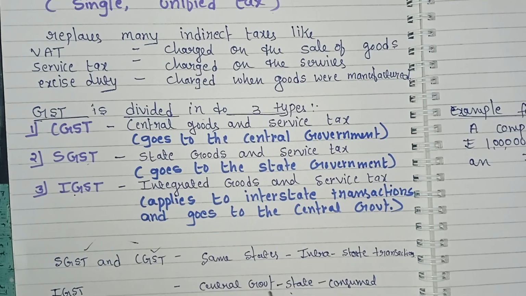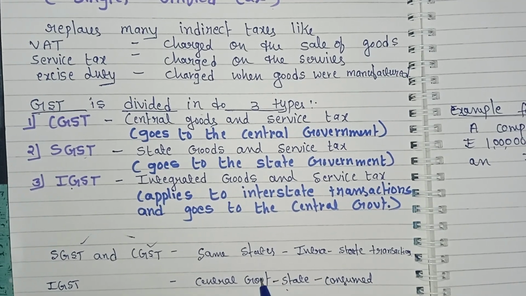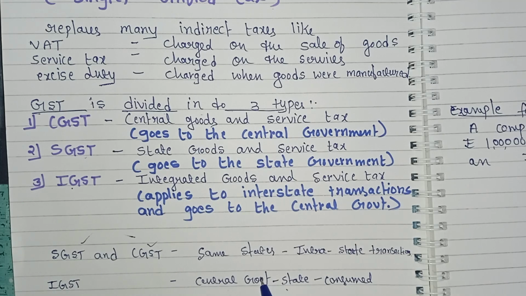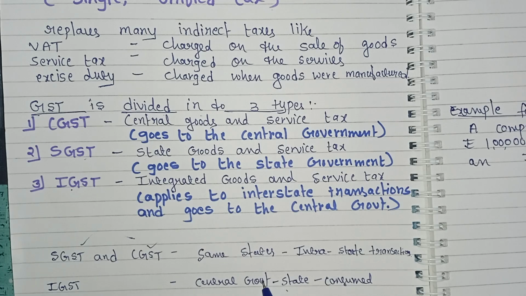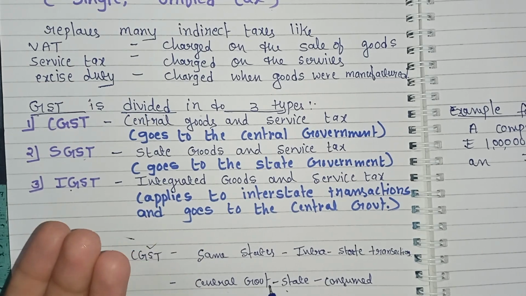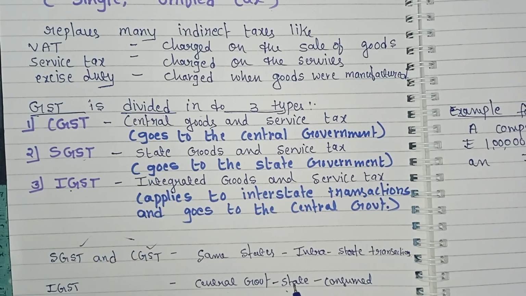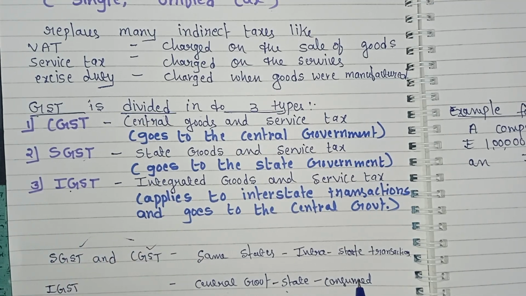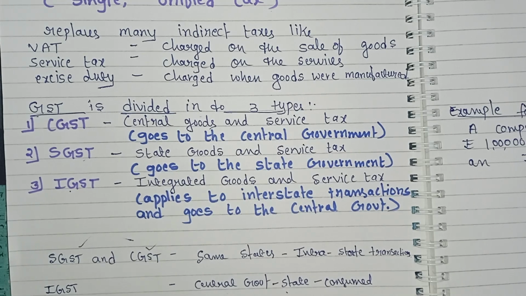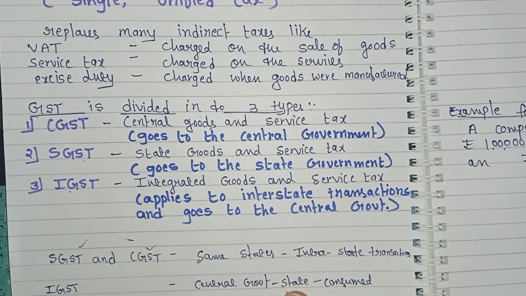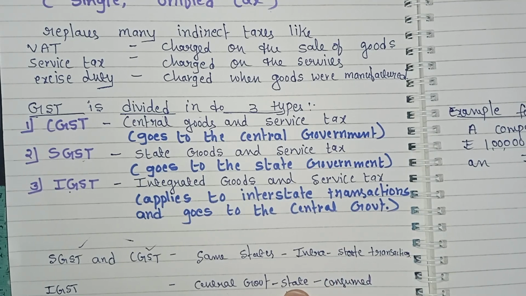Here the central government collects the Integrated Goods and Service Tax, that is IGST, and then shares the revenue with the state where the goods or services are consumed.